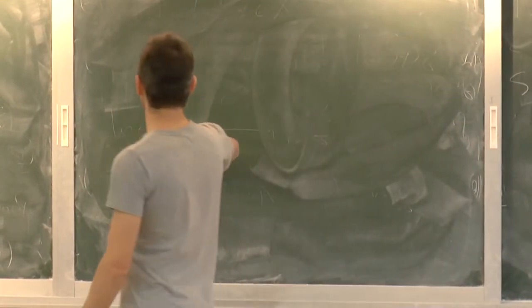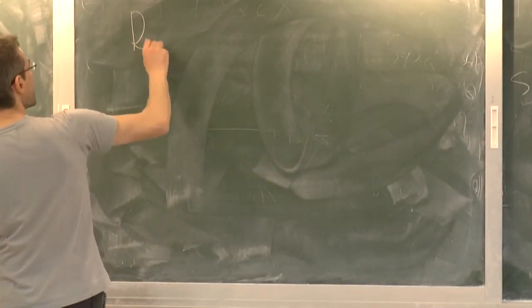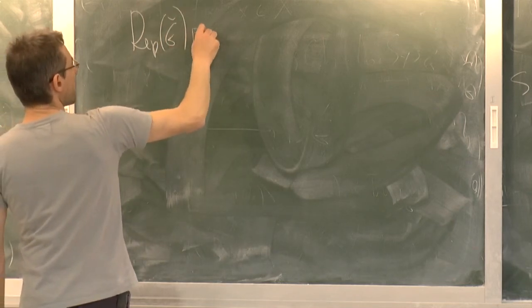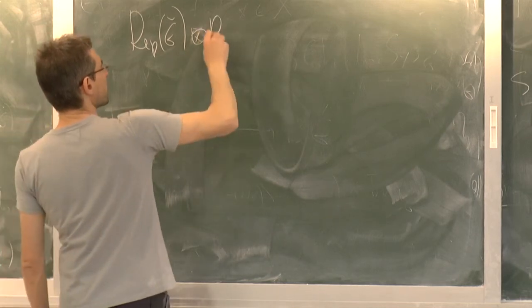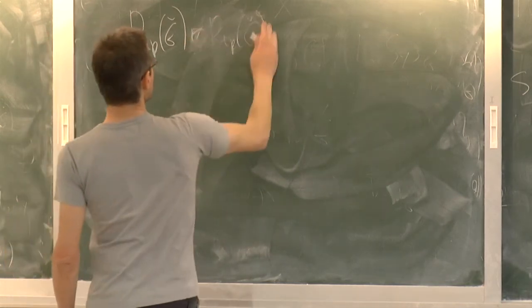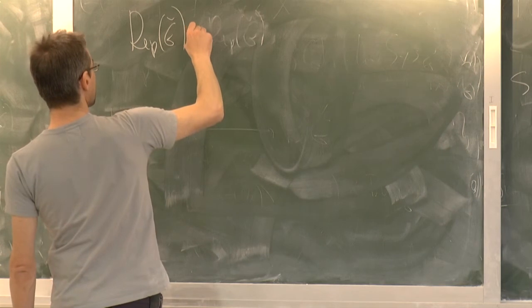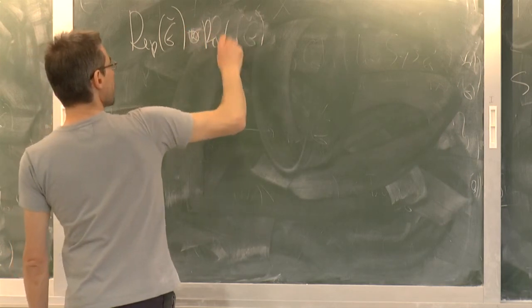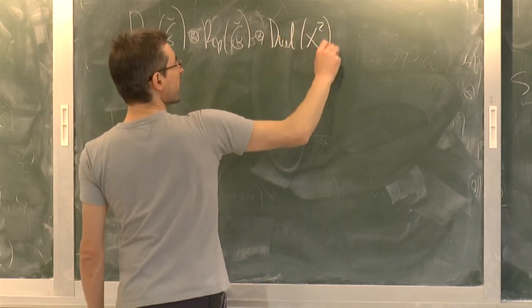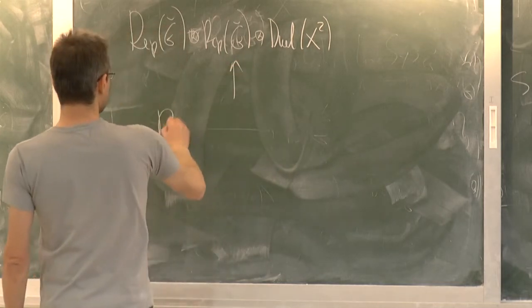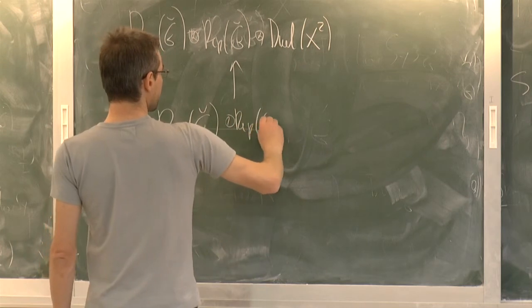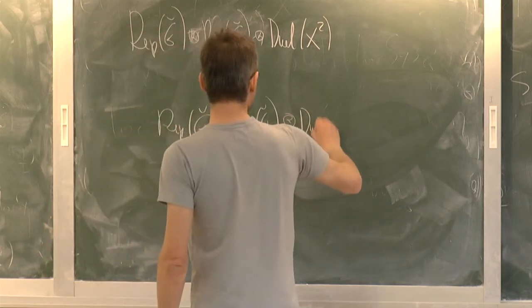Okay, so let's recall Sam's description, and it was the following. We took Rep G-check times Rep G-check abstractly as a category. It'll be Rep G-check tensor D-mod of X squared. So here we had Rep G-check times D-mod.